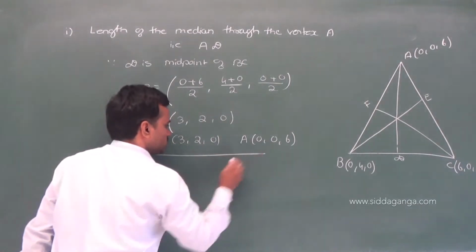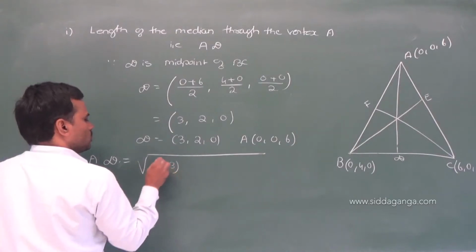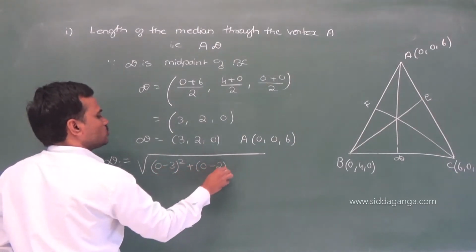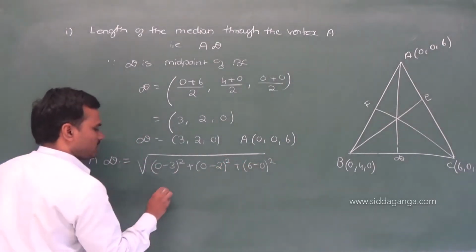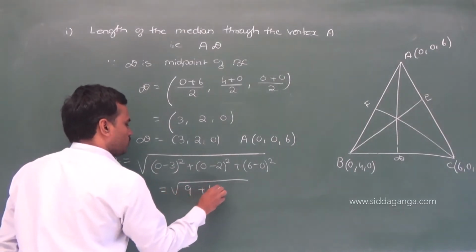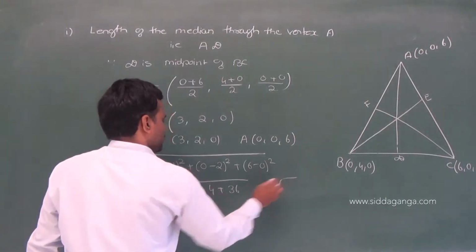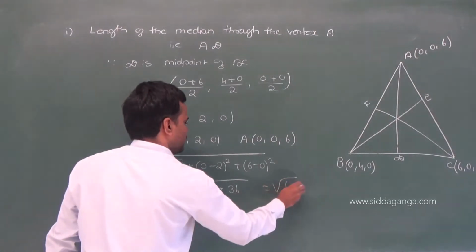Using the distance formula, square root of (0 minus 3) whole square plus (0 minus 2) whole square plus (6 minus 0) whole square. 3 square is 9, plus 2 square is 4, plus 6 square is 36. 36 plus 4 is 40, 40 plus 9 is 49.